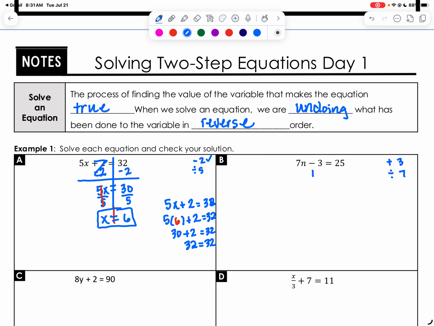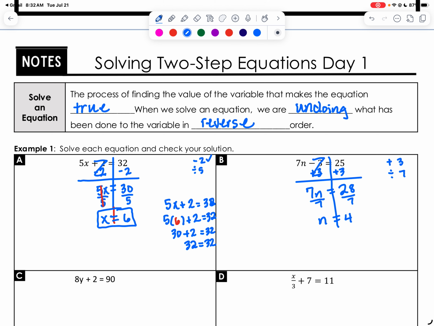Let's add 3 to the left side and add 3 to the right side. Draw your line down the middle here, so we'll keep the left side separate from the right side. So the 3's would zero out and leave me 7n equals 28. Then we'll divide both sides by 7. And the 7's would cancel to 1. And 28 divided by 7 is 4.